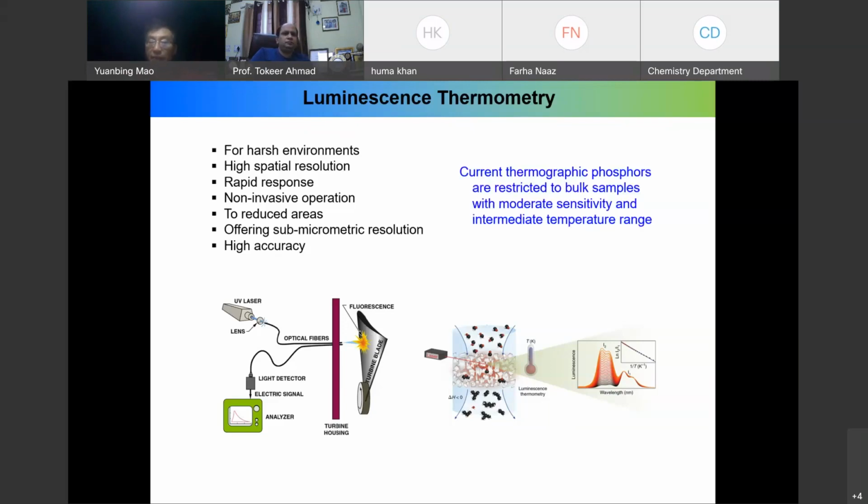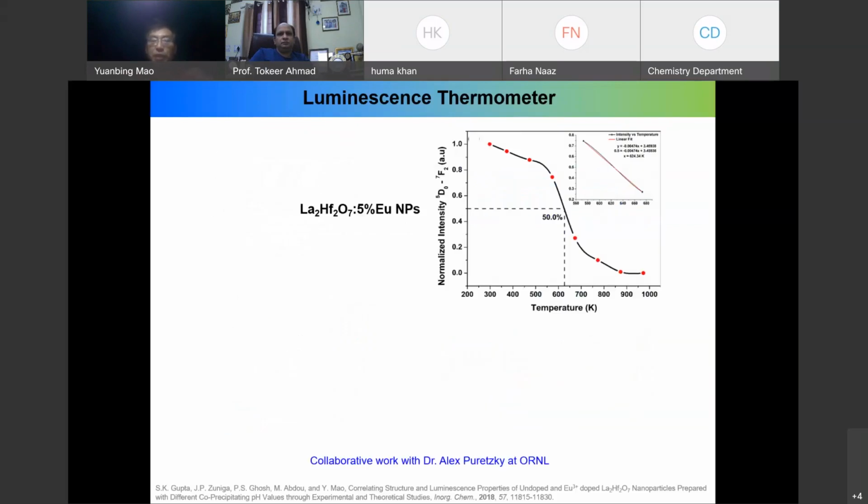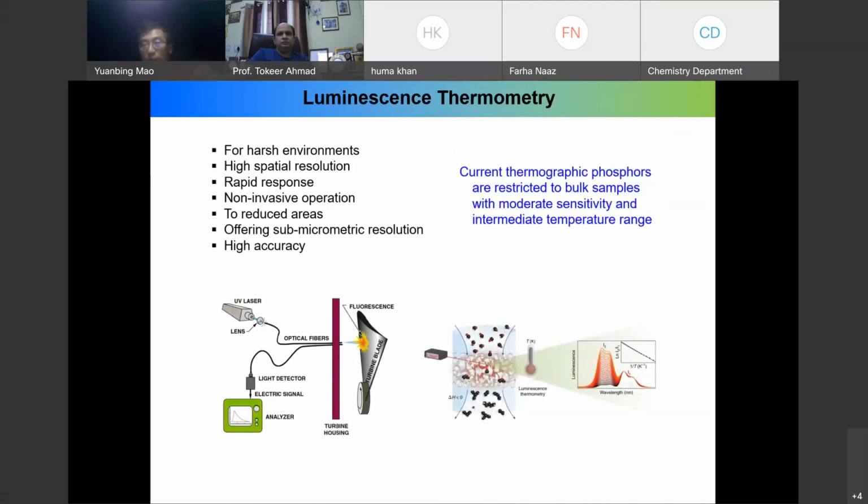So that's why we want to use luminescence thermometry, especially with luminescent nanoparticles, and then we will be able to achieve that.